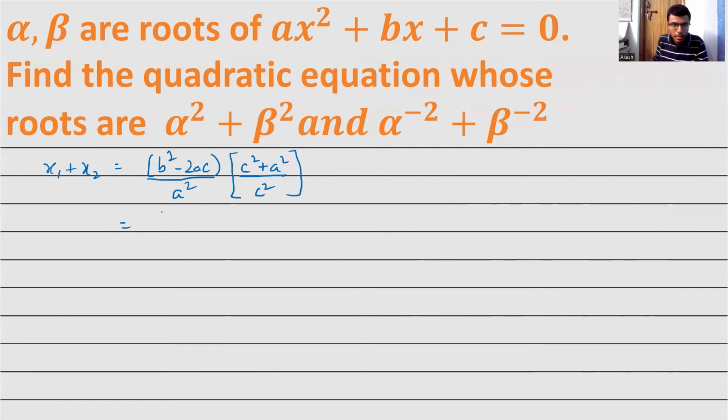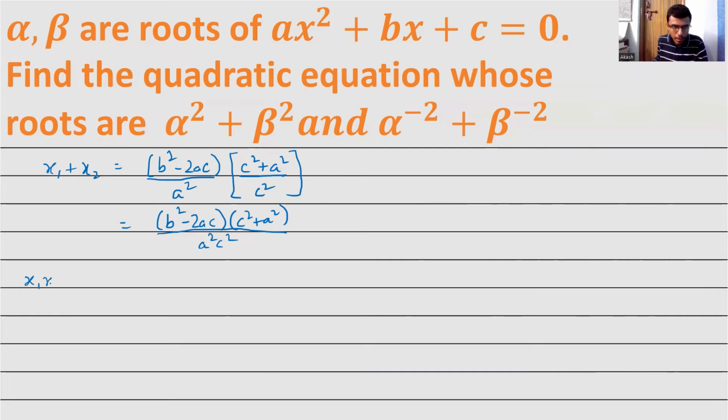Now this is nothing but equal to b square minus 2ac into c square plus a square, by a square c square. We got our x1 plus x2. Still x1 into x2 is left out, okay? So stay with me. Now we need to find out x1 into x2.